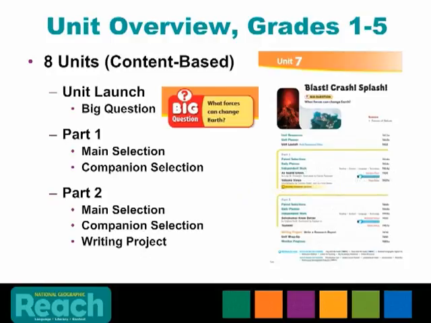Within each unit, each lesson builds on prior lessons to reinforce and extend the information students are learning and the language skills that they're acquiring. Within Part 2, students will work on the writing project. And each unit ends with a unit wrap-up.